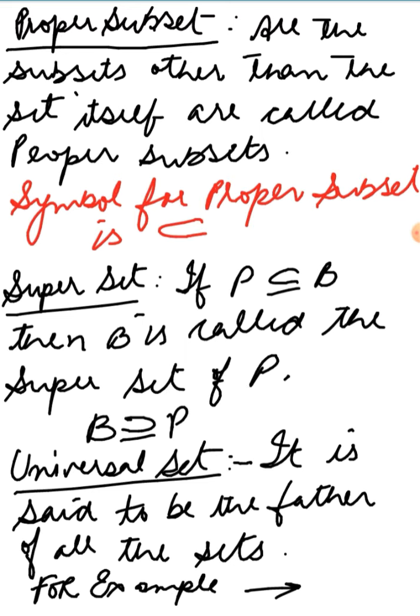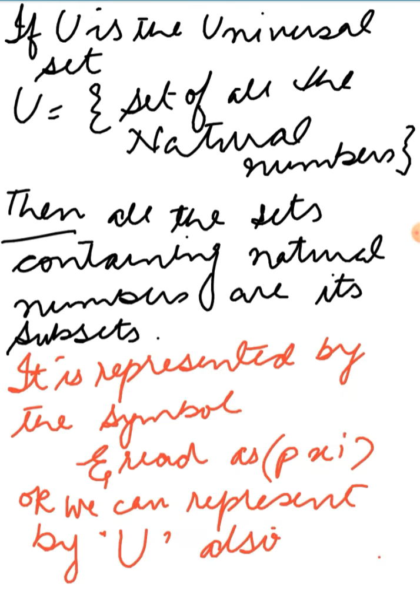Now next comes superset. Suppose P is a subset of B, it means B is the superset of P. Universal set. It is said to be the father of all the sets. It means if we have multiple sets and all the sets are included in the universal set, then U is the symbol.